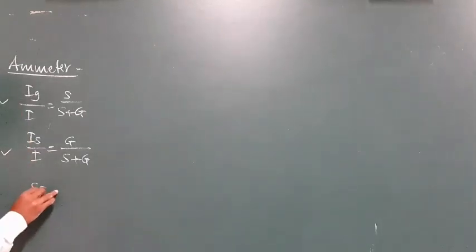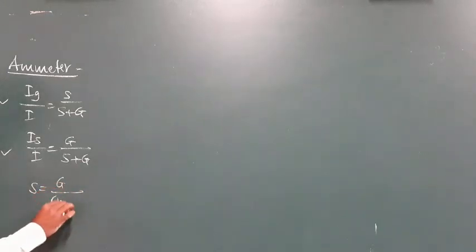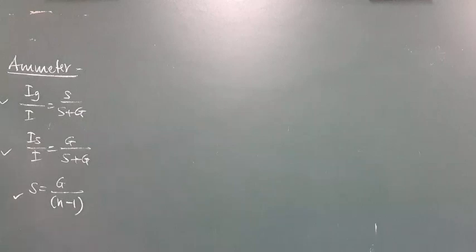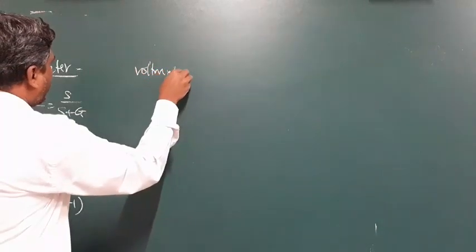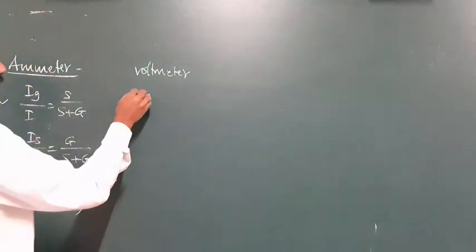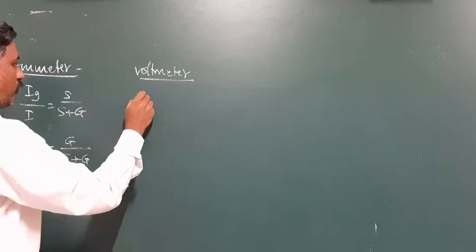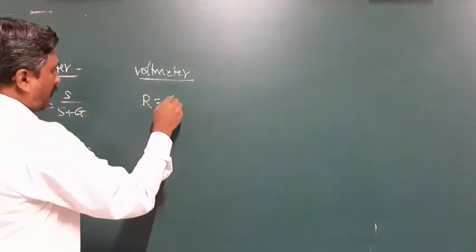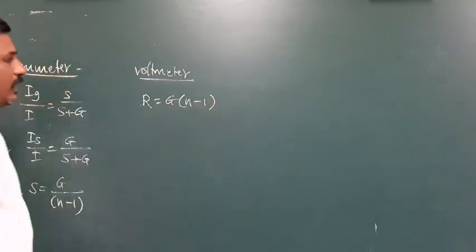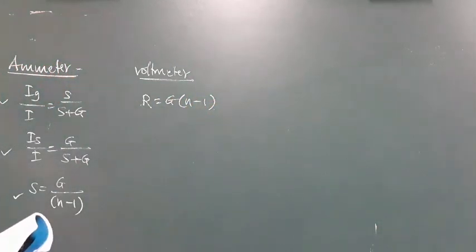Then S equals G upon (N minus 1). G upon (N minus 1) tells how many times we can increase the range of the ammeter. Then the second part is for the voltmeter. For the voltmeter, there is only one thing: the resistance R is in series combination. Its shortcut trick is R equals G into (N minus 1).